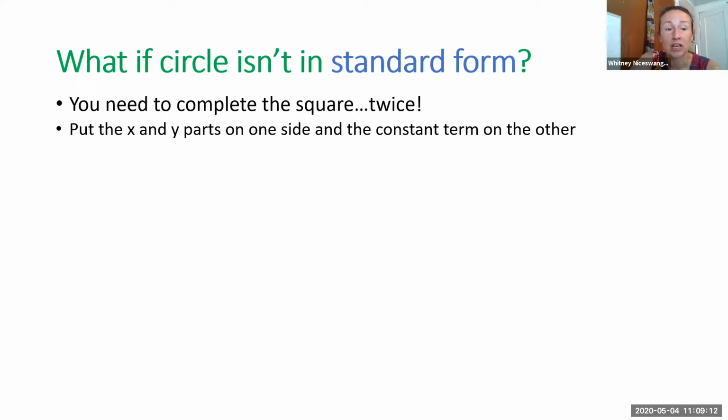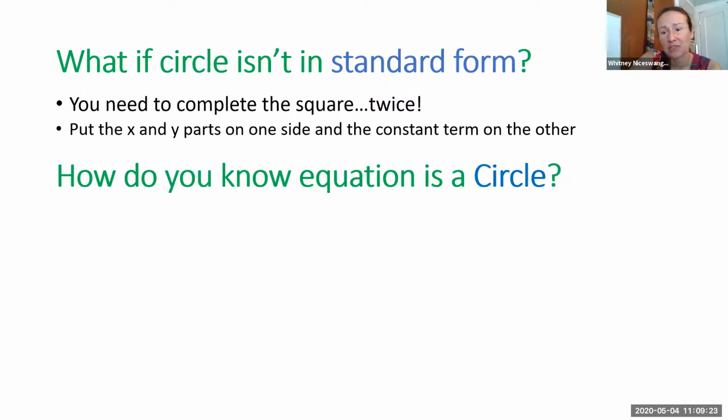The way you want to start is put all the terms that have x and y's on one side and put your constant term on the other side, so it's out of the way. Okay. How do we know we have a circle? We know how to identify a parabola, right? One variable squared, one isn't, but how do we know we have a circle?